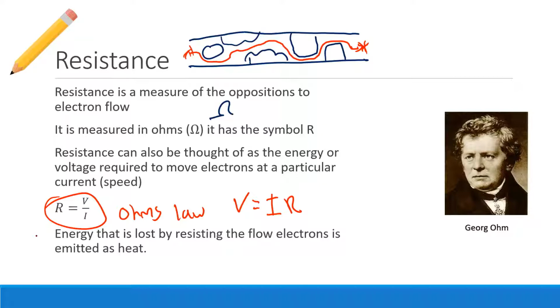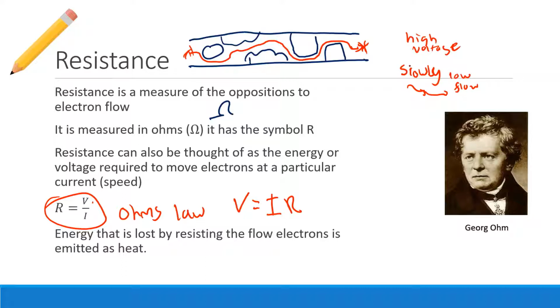We already know that if your current goes down, if you're moving very slowly, so let's just say your electrons are moving very slowly, there's not many electrons moving past every second. The flow is very, very low. And you might say, okay, so what? But if you've got a low flow, but you're pushing really hard, you have a high voltage, that means there is something going wrong here.